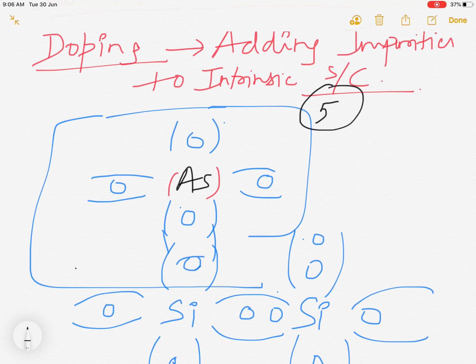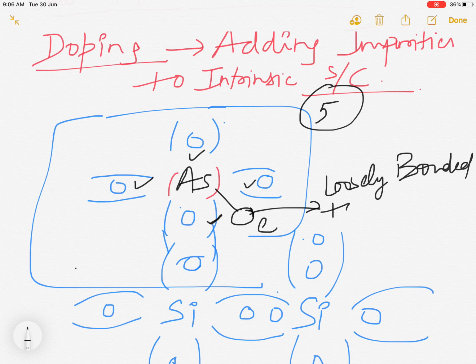So 4 electrons get bonded with 4 electrons of nearby silicon atoms, but there will be 1 electron left which is not bonded to any of the silicon atoms, right? But this electron is loosely bonded with its parent atom.